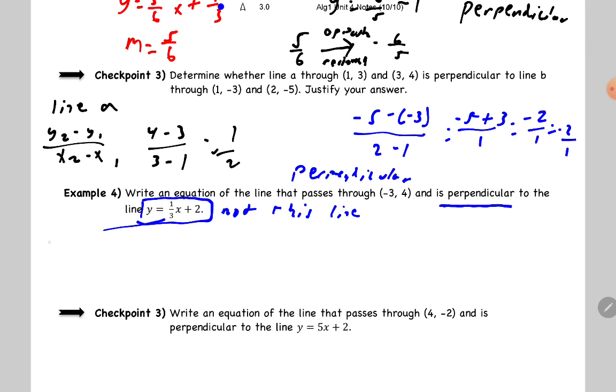So the slope is 1/3, but we need the opposite reciprocal, because of the word perpendicular. So I'm going to flip it and make it opposite. So it was originally a positive 1/3, now it's a -3/1. Okay, so this is the slope I'm going to be using.